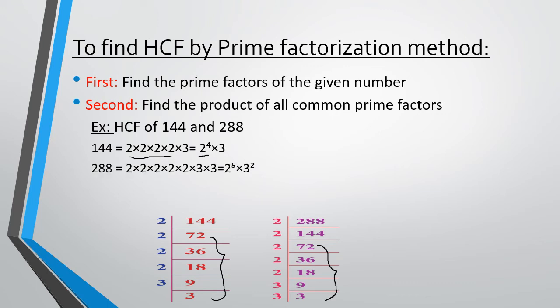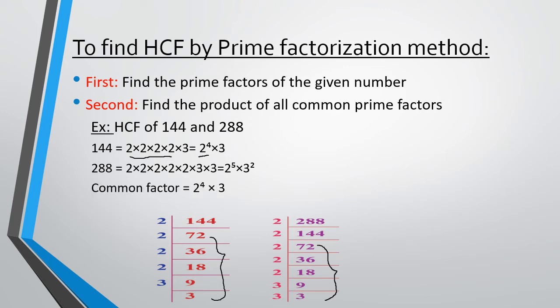So I am writing down all the prime factors of 288. How many times has 2 been multiplied here? 5 times. So I am writing 2 raised to the power 5 multiplied by 3, which is multiplied 2 times, so 3 is raised to the power 2.